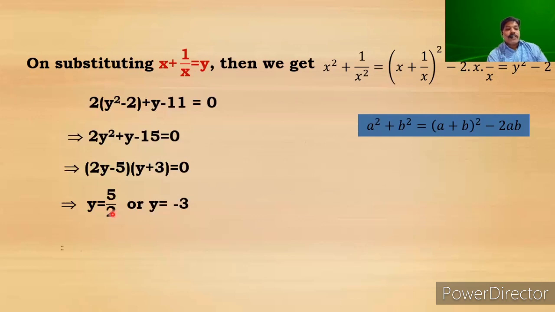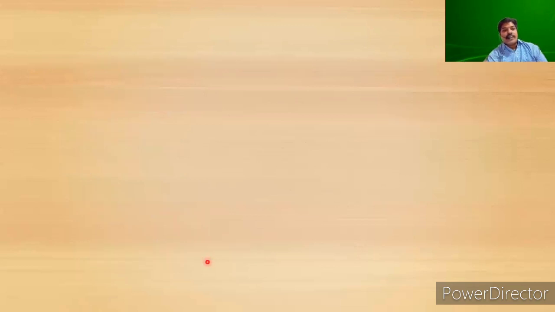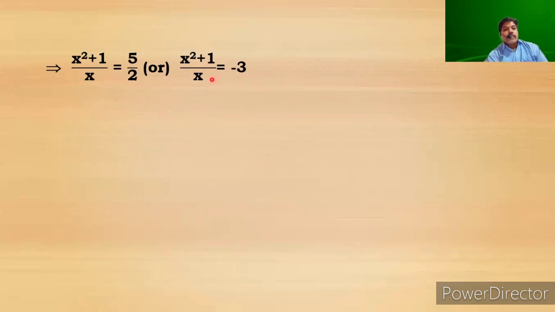But what is the y value? The y value is nothing but x plus 1 by x. So x plus 1 by x value is 5 by 2, or x plus 1 by x value is minus 3. So take the LCM x here and also take the LCM x here. What happens? x square plus 1 by x is equal to 5 by 2, or x square plus 1 by x is equal to minus 3.